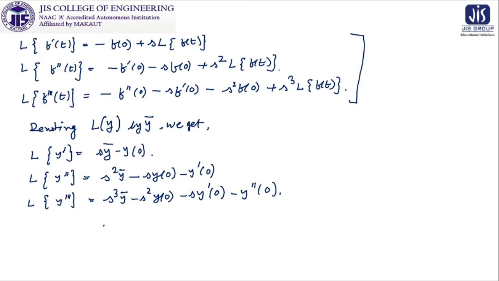All these results are coming from the general results. We know that ordinary differential equations come in the structure y double dash plus p1 y dash plus p2 y is equal to capital X. Look at this: the Laplace transforms of these are required for converting this differential equation into an algebraic equation.